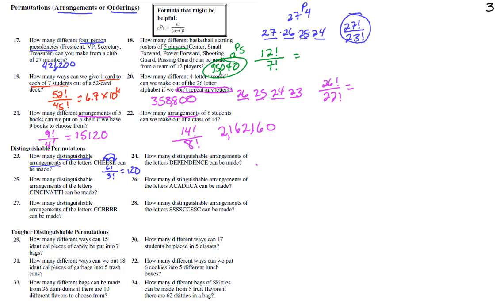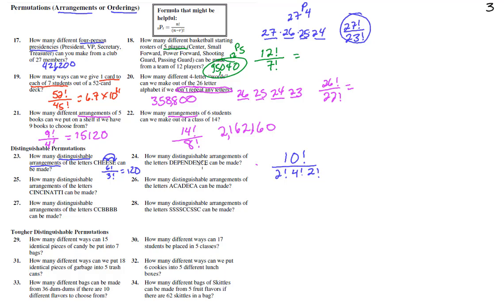Okay, let's do dependence. Let's see if we got the same thing. So dependence has 1, 2, 3, 4, 5, 6, 7, 8, 9, 10 letters. So we're going to start off mixing up 10 different letters. Now let's see how many different ways the D's can mess themselves up. 2 factorial. The E's can mess themselves up 4 factorial different ways because there are 4 of them. And the N's can mess themselves up 2 different ways. Is that right?